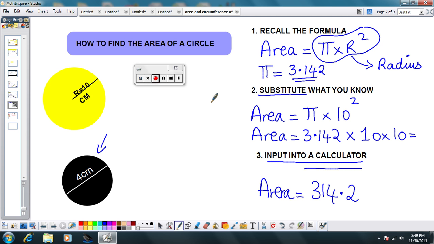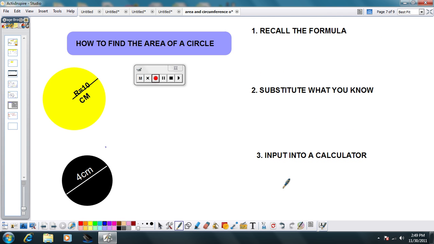Again, we're going to go through the same steps, and I'm going to erase my calculation from before. So if you have the diameter, in our case the diameter is 4 centimeters, and I want to find the radius.